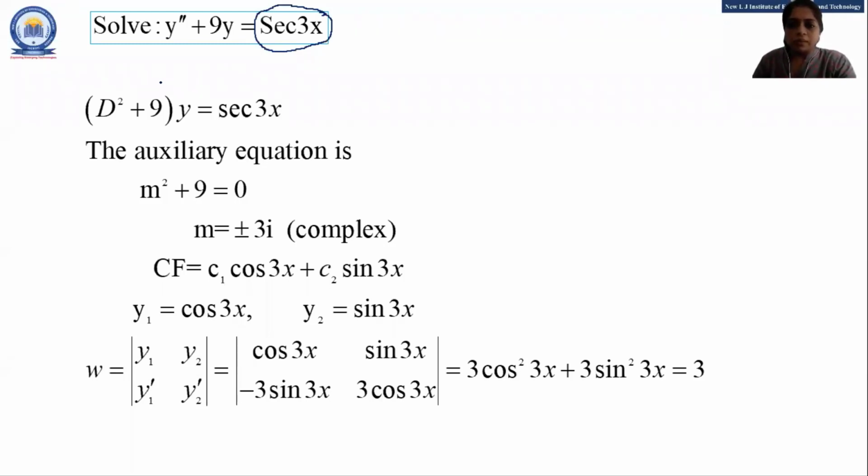Because in the shortcut method, your right hand side is an exponential term or sine or cos in trigonometric form. There is no method for sec or cot or logarithm. So when your differential equation's right hand side is in the form of sec, cot or logarithm function, at that time you have to apply the variation of parameter method. Got it, everyone?